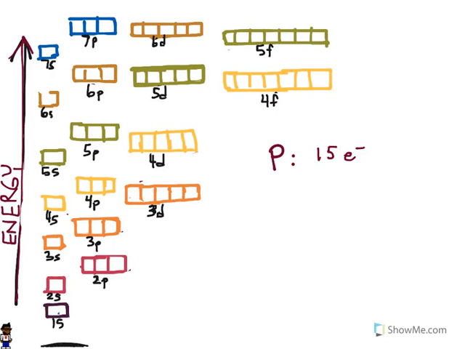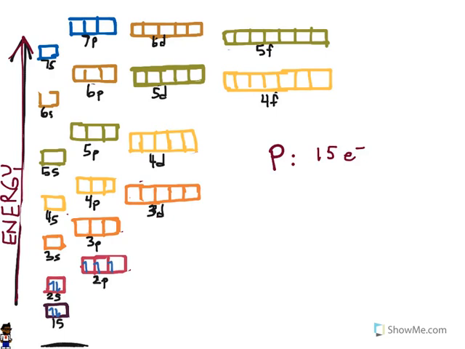We know that the first two go in the 1s orbital, one up, one down. The next two go in the 2s orbital, one up, one down. The next ones are going to go in the 2p orbital, and according to Hund's rule, they go one apartment at a time, and they have the same spin, so we're going to point them in the same direction.